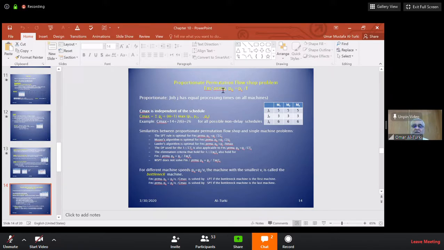However, if you were told that the problem is a general flow shop problem, then you have to worry about permutation schedules and non-permutation schedules if you have more than 3 machines. Now here, we are talking about the permutation flow shop problem, in which only permutation schedules are feasible.